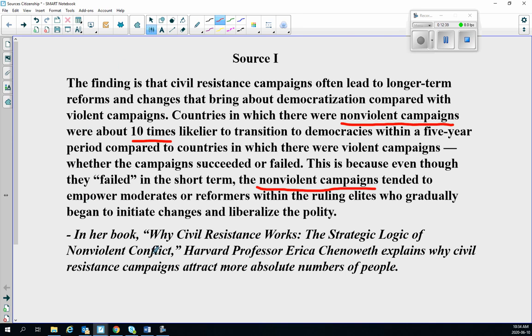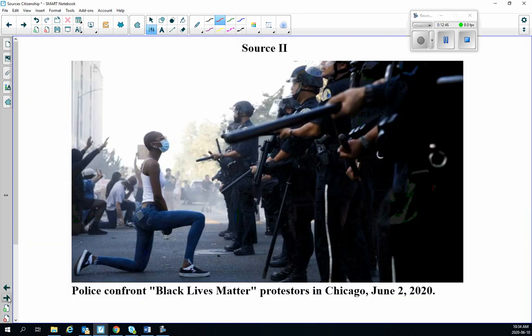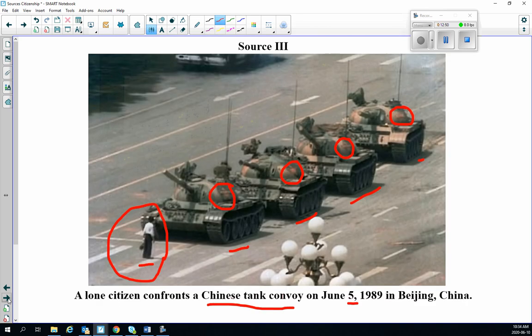Or maybe source one is the theory behind nonviolent protest. Here's how it can work. And the other two are examples of the theory depicted in source number one, demonstrating nonviolent protest and maybe the effectiveness of nonviolent protest.